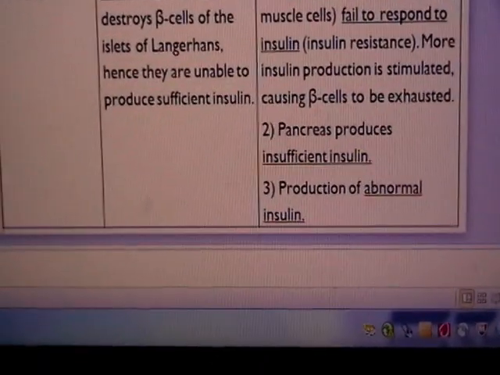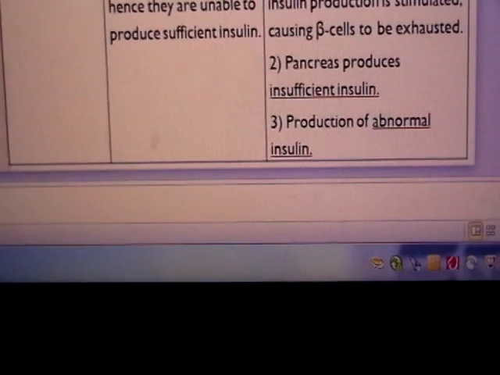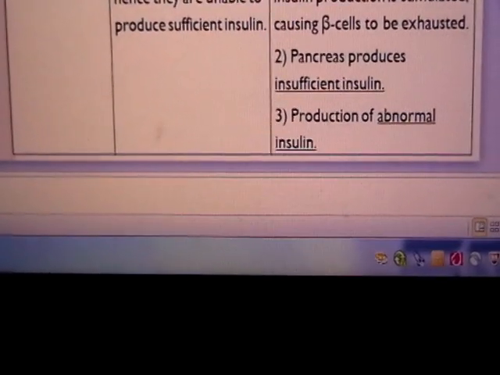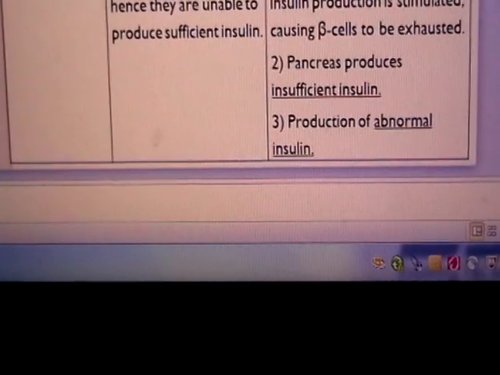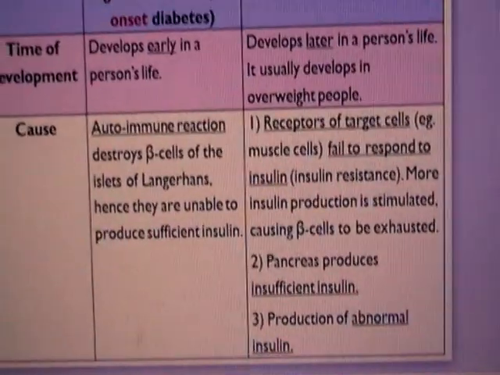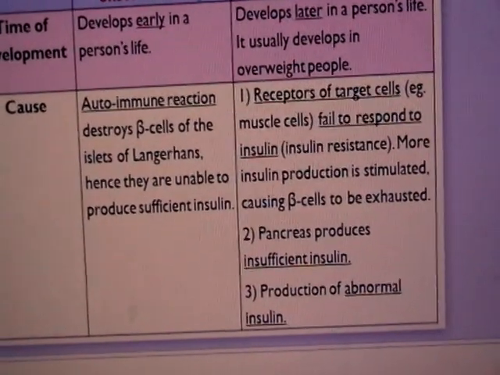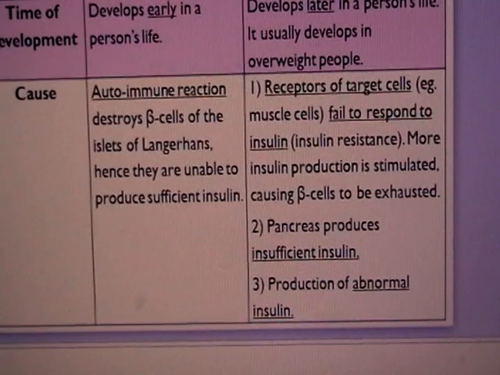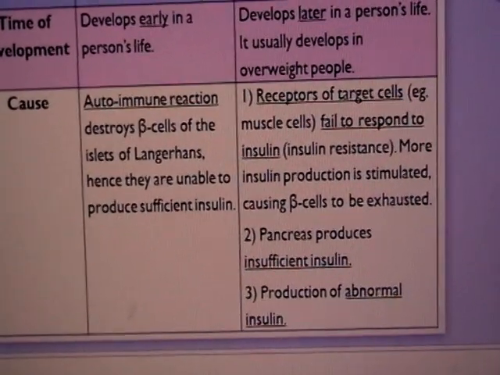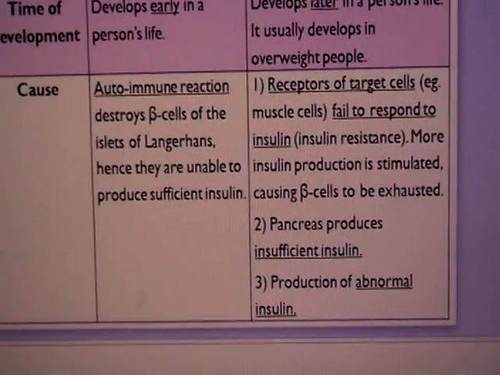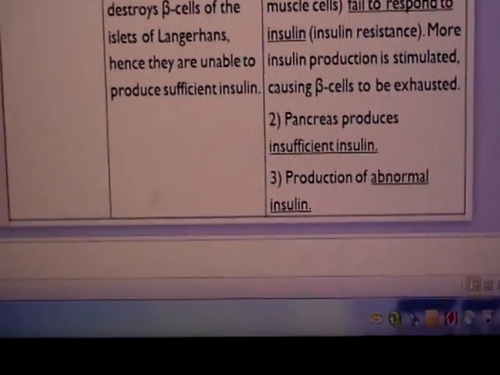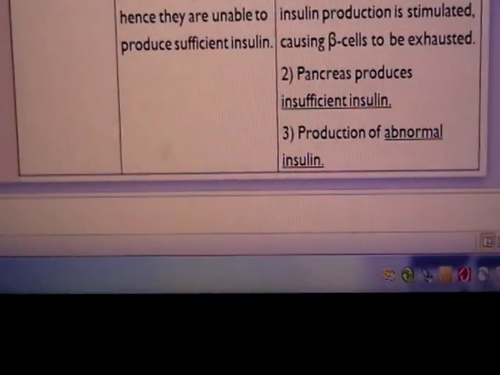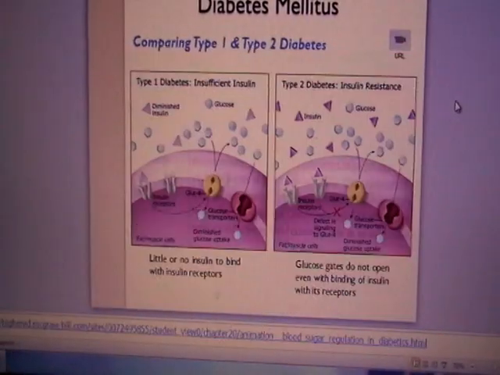There can also be people who produce abnormal insulin, which does not serve its function well. That is why type 2 diabetes is not exactly about the absence of insulin in the blood, but more about having insulin resistance or not having enough insulin. You still can produce some, but not enough, and the insulin is abnormal.